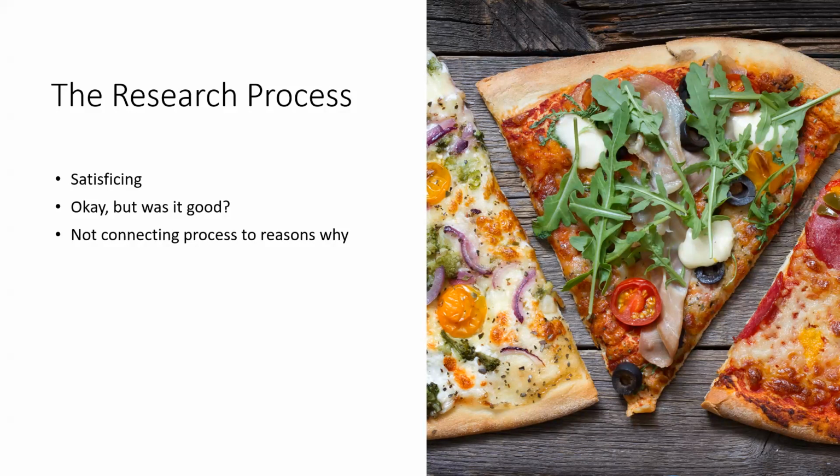But when there are too many options, the pizza that is nearby will do, because we just need to fulfill that hunger. And so that's what satisficing does. When there is too much out there, too many choices and decisions to make, decision fatigue sets in. And particularly when you're on a deadline to turn in an assignment, good enough will have to do. And so we all do this.